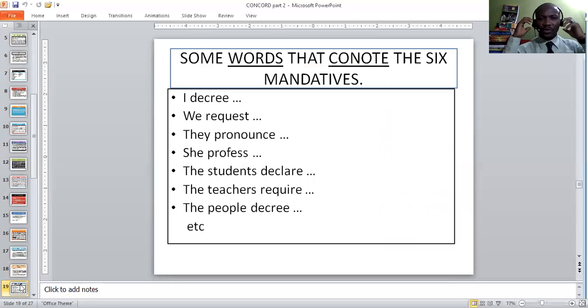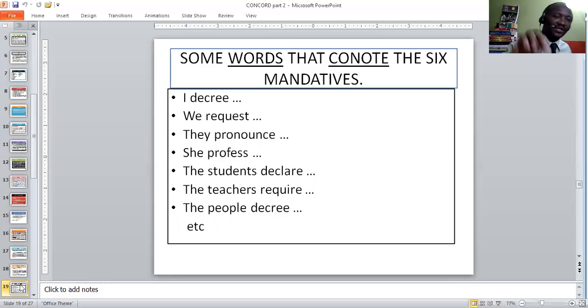Now, what are some of the words that connote the mandatives mentioned? Prayer, wish, demand, suggestion, resolution. We have decree, request. I decree. We request. They pronounce. She professes. The students declare. The teachers require. The people decree.